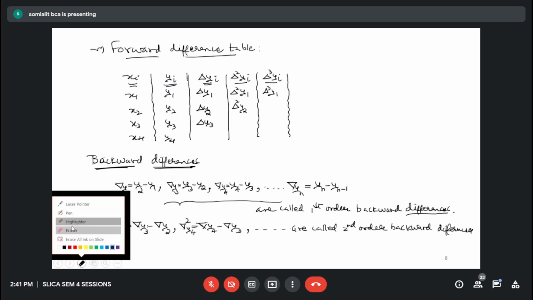You can see that here these differences form an upper triangular format. See, the upper triangle form is coming. This one. And here you have the lower triangle format. This one. That's the difference.